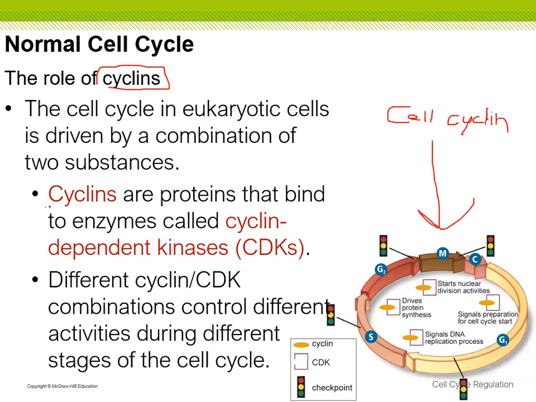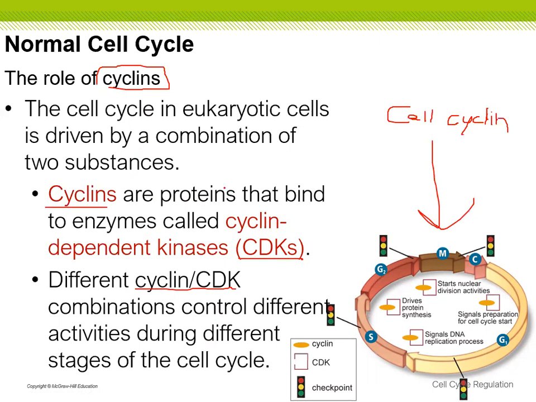These cyclins are proteins that bind to enzymes we call CDKs. Basically, what these different combinations do is they control the activities. They're stop and go lights. Start, stop, start, stop. That's what they are.